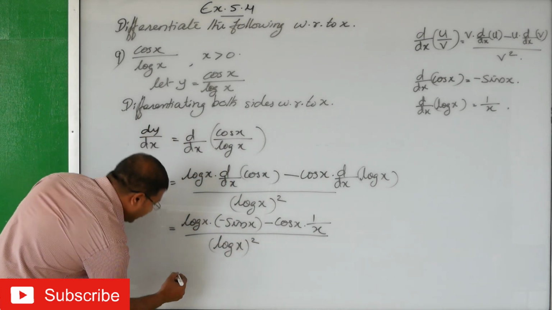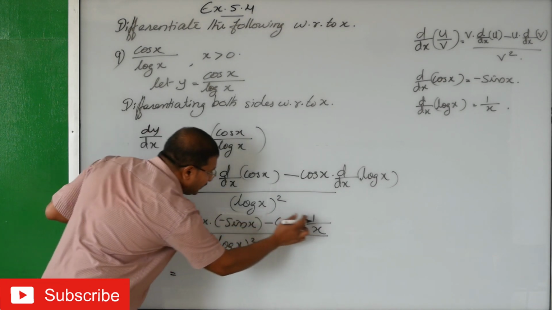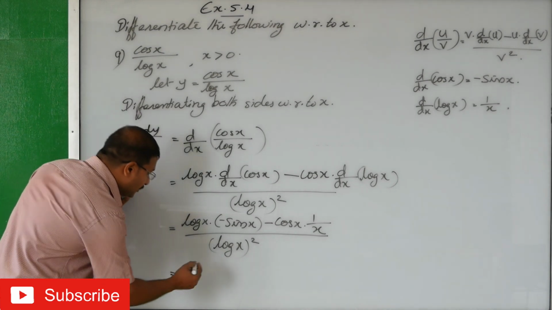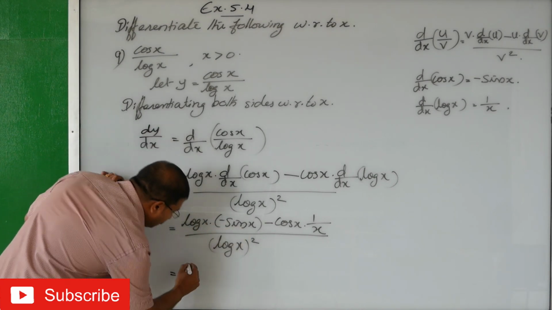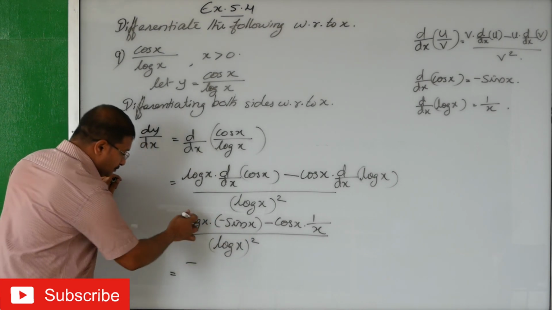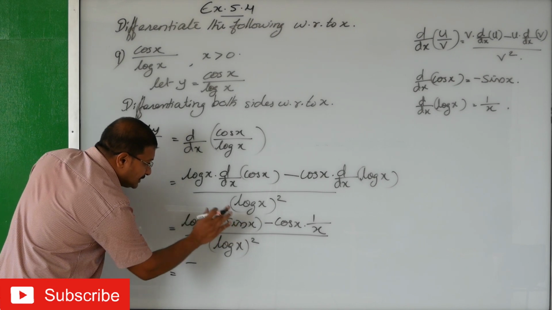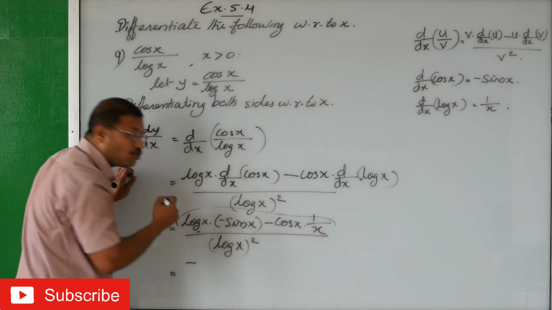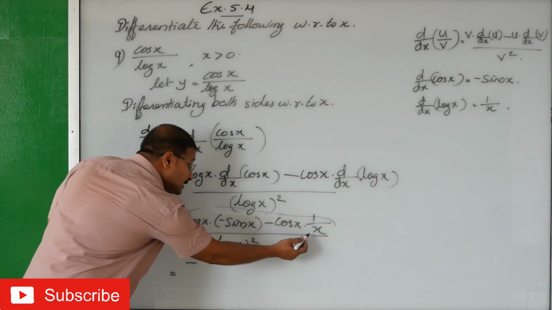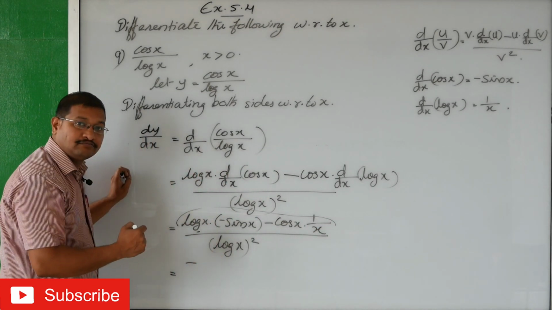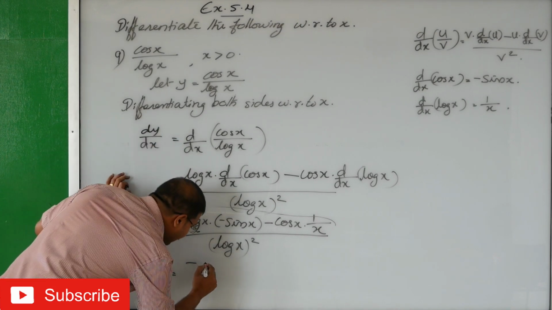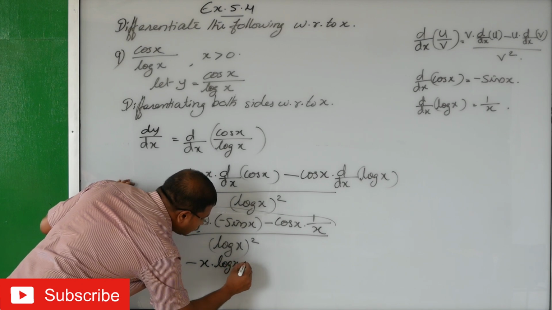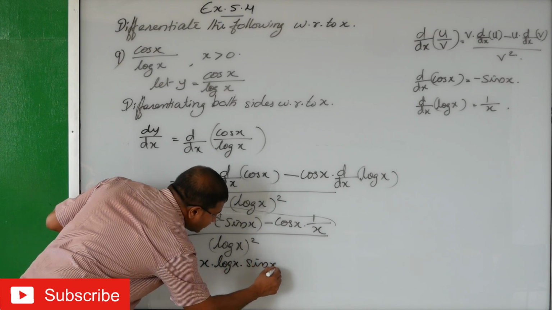Now, in the numerator side, we will take x as common, LCM. Ready? That means first we'll write minus is here. Log x into sin x is already here. But I am going to take x as common LCM in the numerator. That means this x I have to multiply here. That means we write x into log x into sin x.